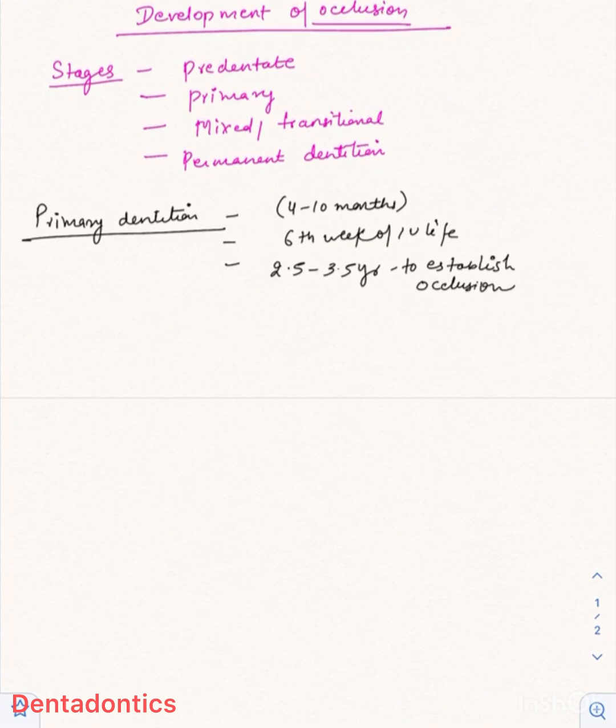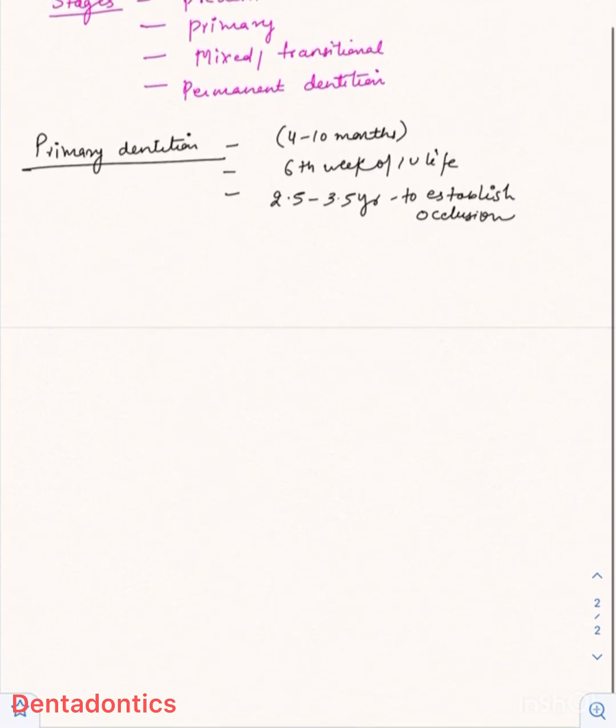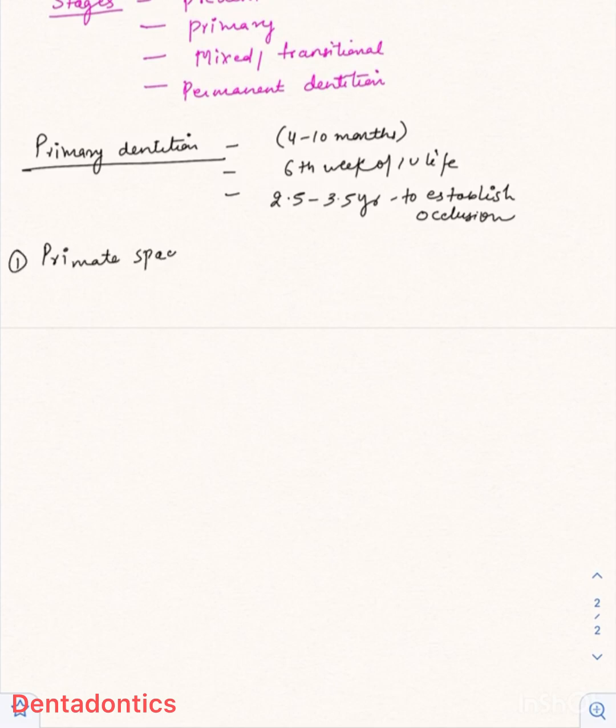Now coming to the primate spaces. Primate spaces are also known as anthropoid spaces or simian spaces. It is called simian spaces because initially it was found in our ancestor, the simian species.